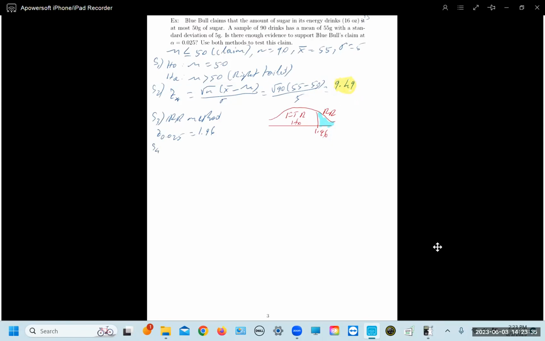So step 4, reject H0. Therefore, mu greater than 50.